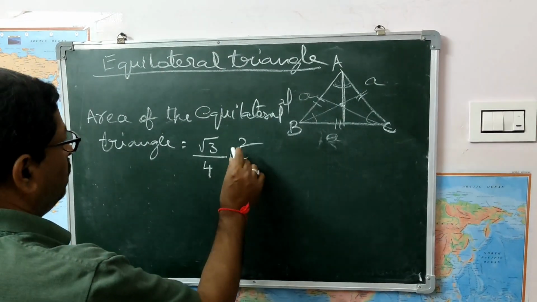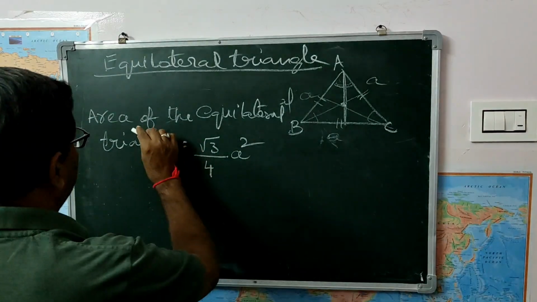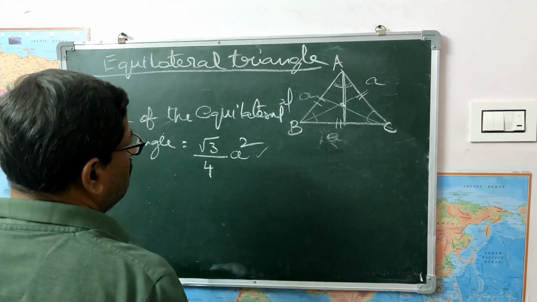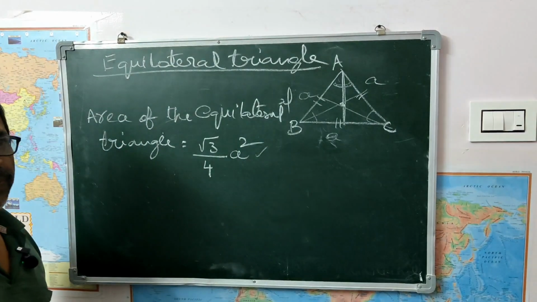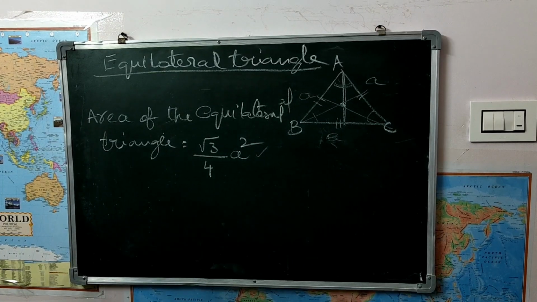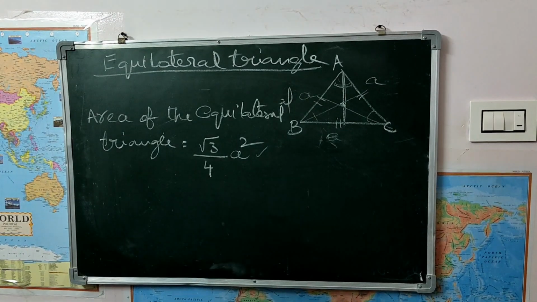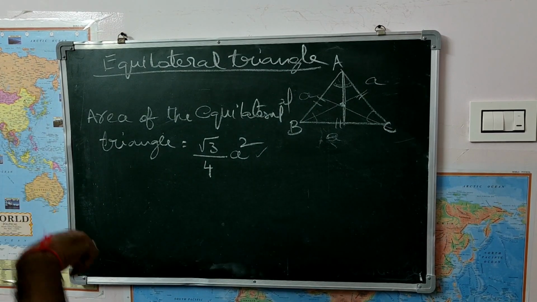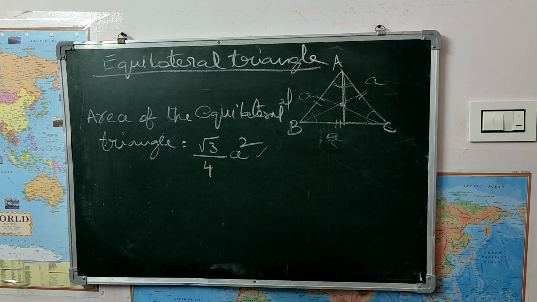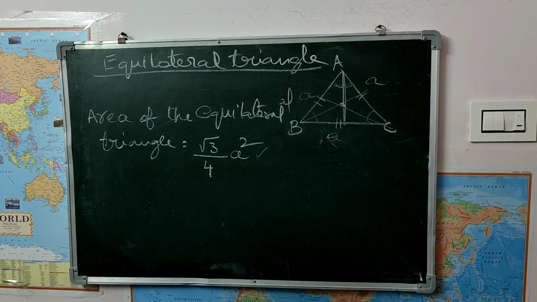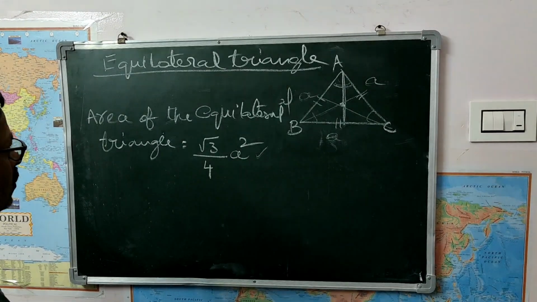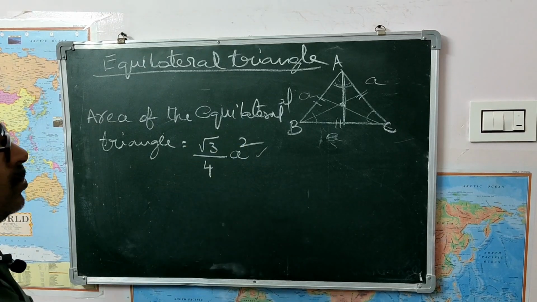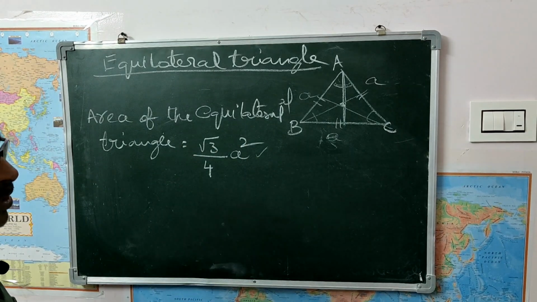I will make a special video on how to find the area of an equilateral triangle, because that itself takes half an hour. But remember the area formula, which is very important for you: root 3 by 4 a square. These are the things you have to understand about the equilateral triangle.